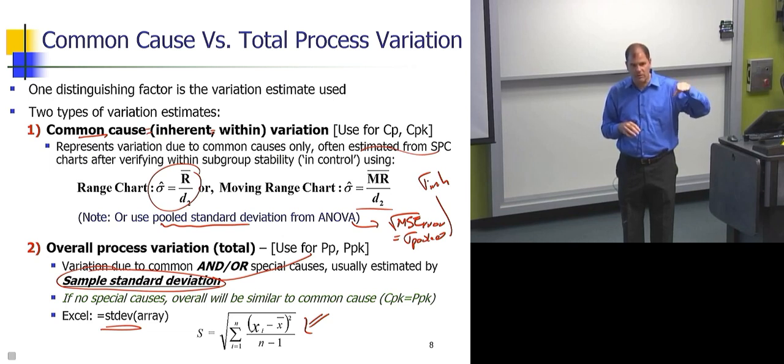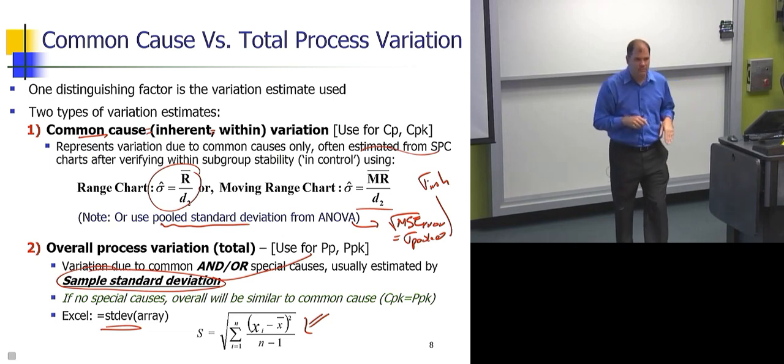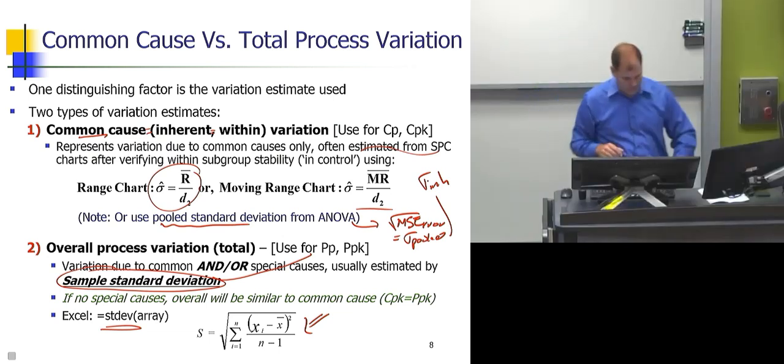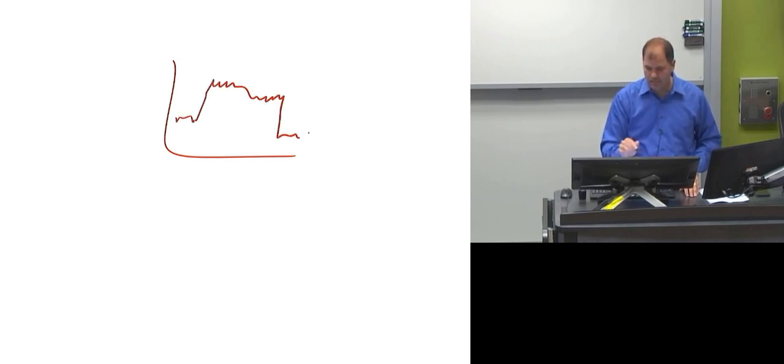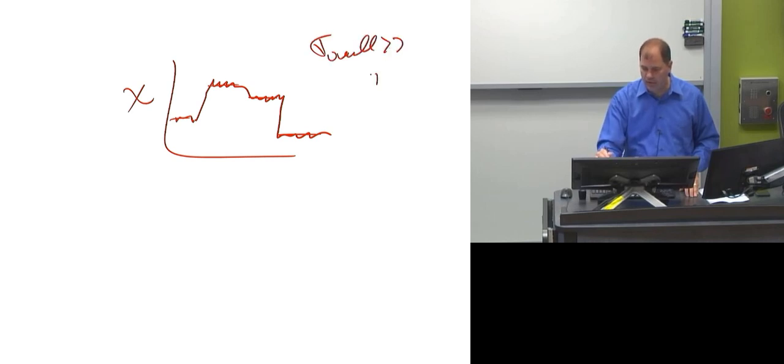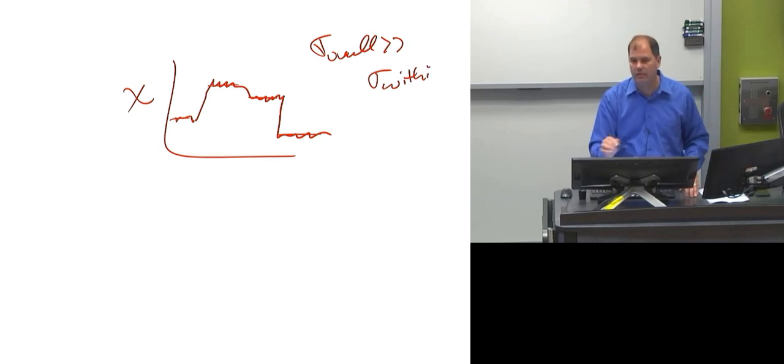If the mean is walking around, these are all different subgroups, then your sigma overall is going to start to become greater than your sigma within.